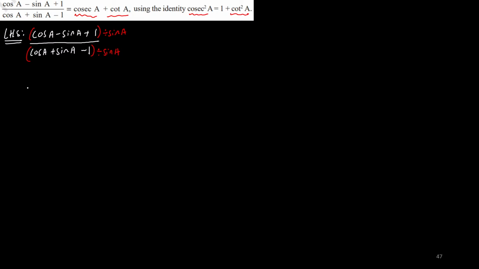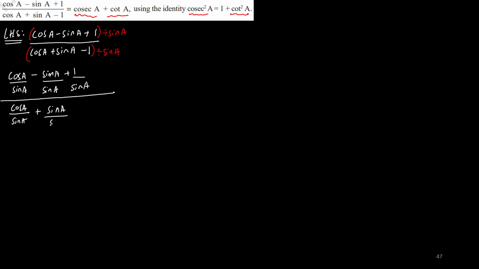Clear, children? Okay, so now I will write this step: cos a minus sin a plus 1 divided by cos a plus sin a minus 1. I will write in this step itself: cos a by sin a minus sin a by sin a plus 1 by sin a, the whole divided by cos a by sin a plus sin a by sin a minus 1 by sin a.